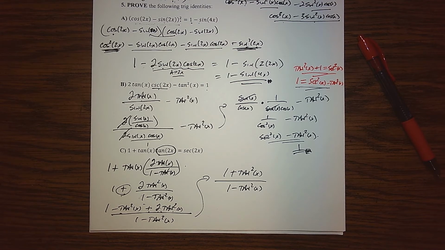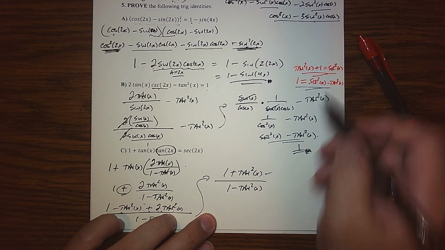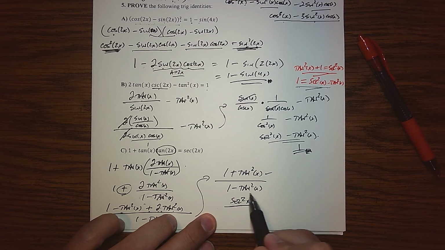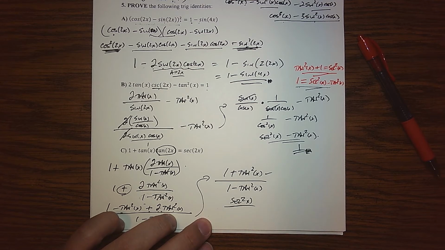Okay, so I know definitely the top, right, that top is definitely secant squared, right? So we have a secant squared x, and then the bottom, let's see what I can do with that. What can I do with that?